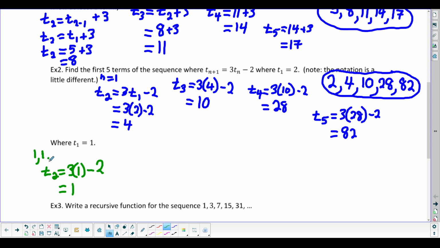We get the value of term 2 is 1. Okay. So wait a second. If that's true, then when we find term 3, we're just going to get the same thing, aren't we? The value of term 2 is 1, times 3 minus 2 is 1 again. So it seems like we just keep getting 1s over and over and over again.